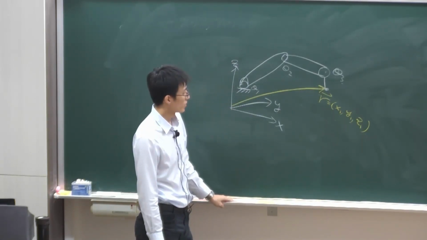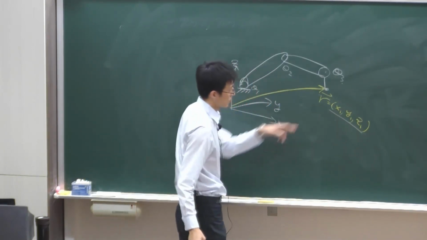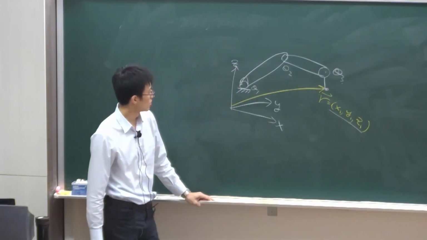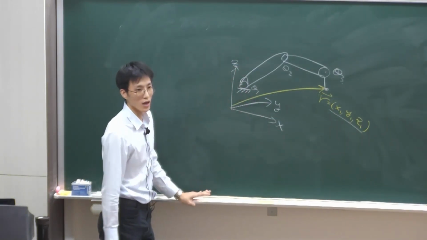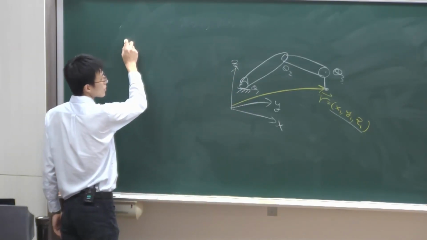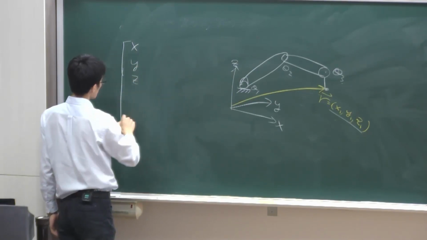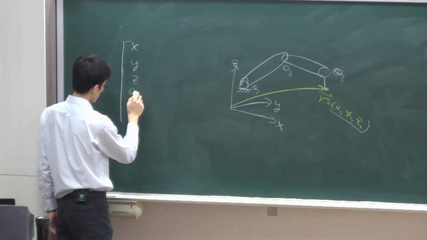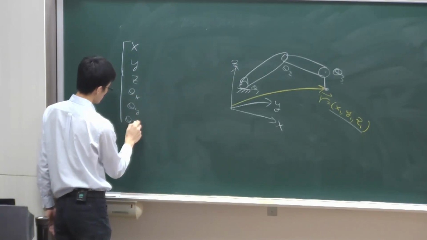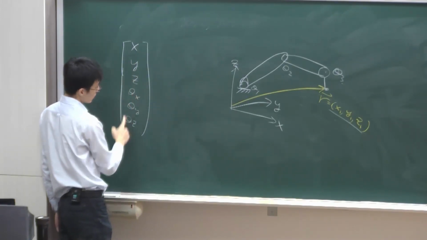And usually we design in task space, which means we describe the position of the end effector in the task space coordinate, which is x, y, z, or sometimes theta x, theta y, theta z, the orientation of the end effector.